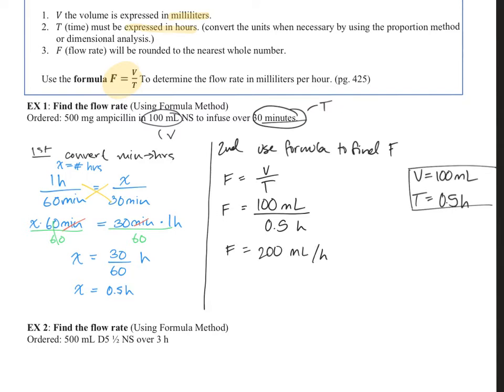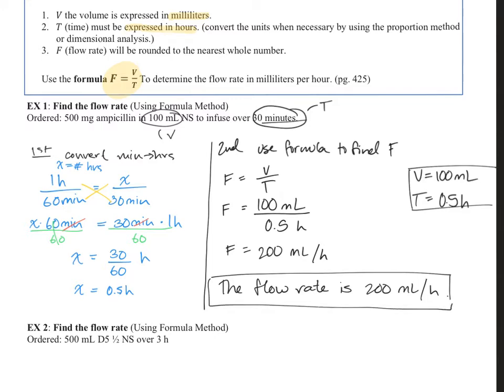So then our flow rate is 200 milliliters per hour. I'll write that in a sentence. If 100 milliliters infuses in half an hour, then it would make sense for 200 milliliters to be infused in 1 hour.